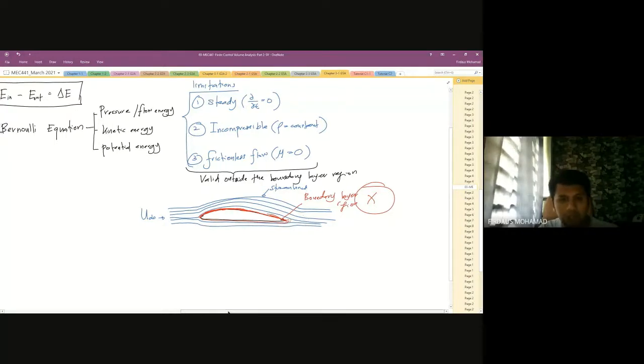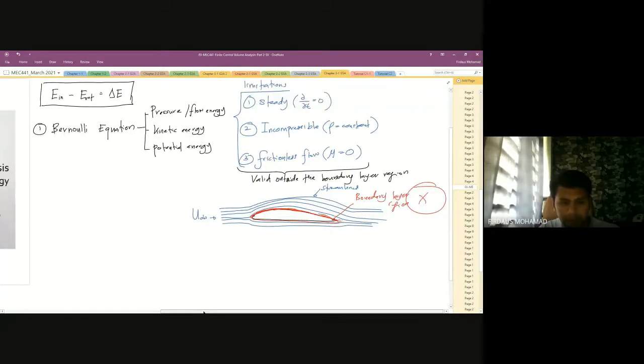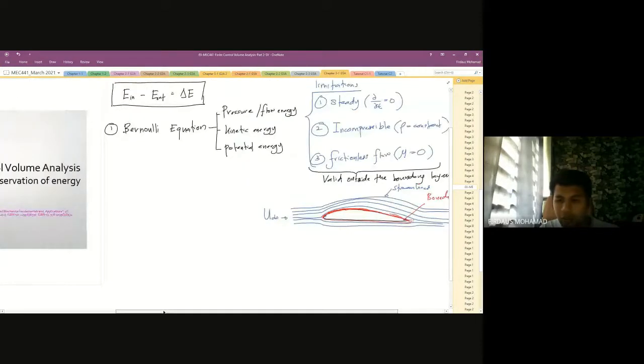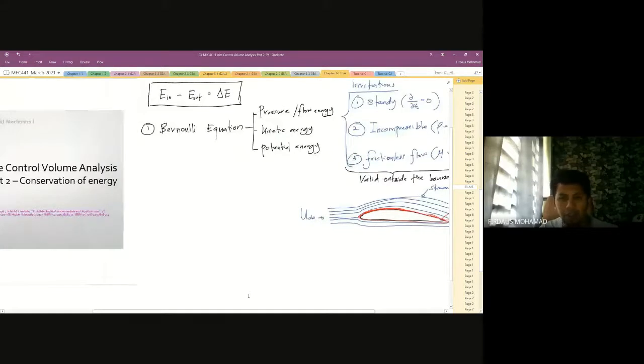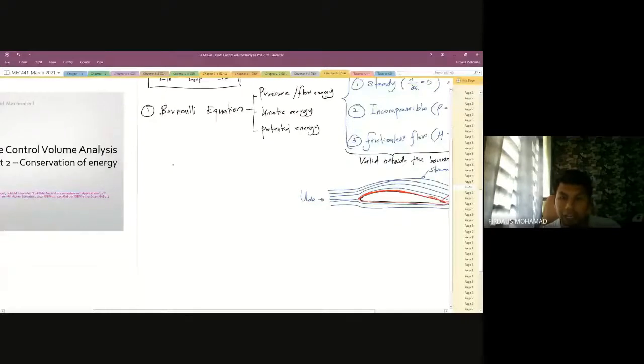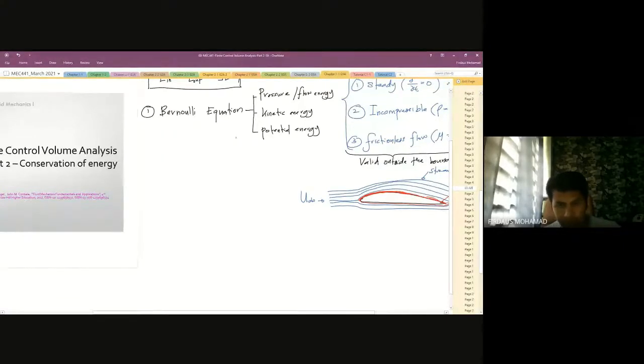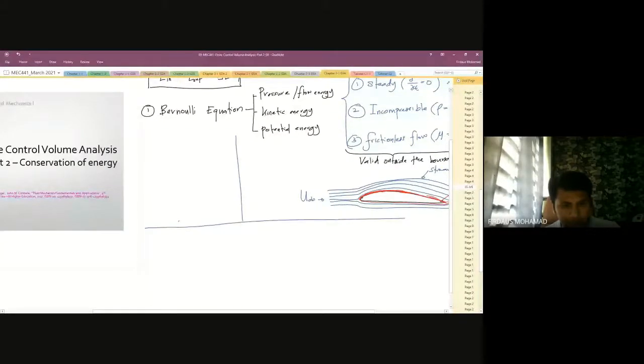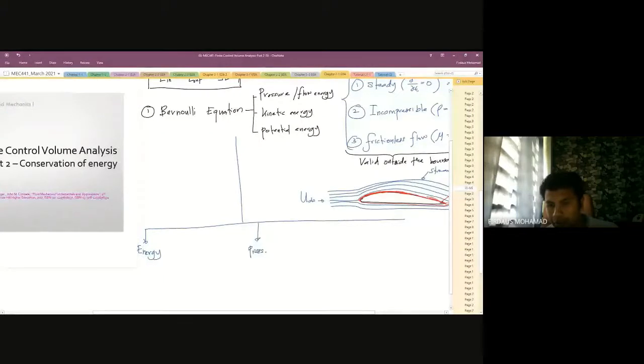Okay, so now let's go back to this Bernoulli equation. How to describe the Bernoulli equation? Okay, so the Bernoulli equation can be described based on energy, can be described based on pressure, and then can be described based on head.